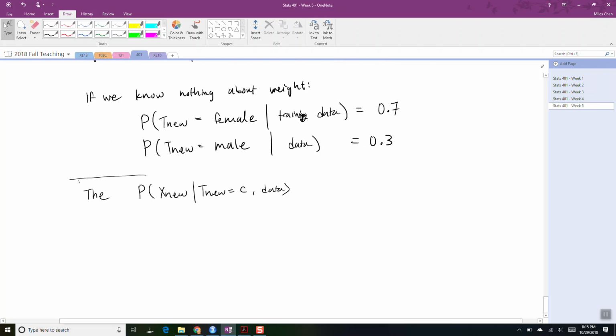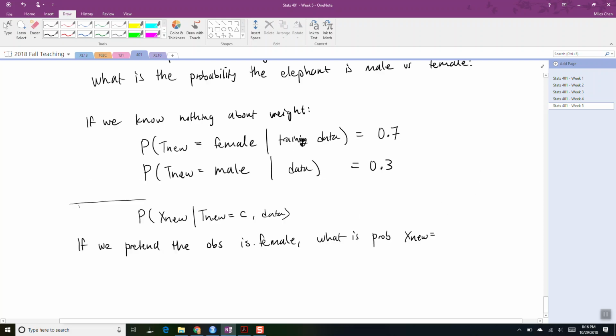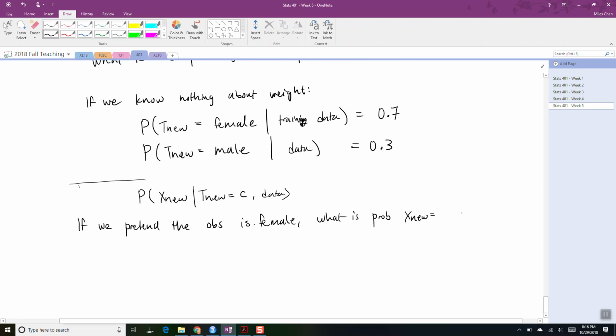So if we pretend the observation is female, what is the probability X nu equals 9,000?